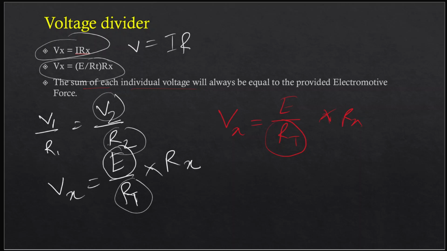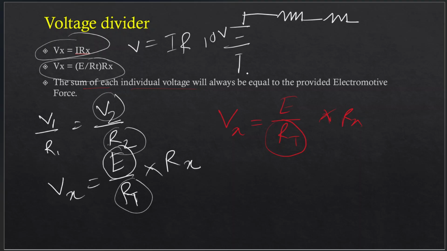If we have a circuit where the total voltage is, let's say, 10 volts, and we have two series resistors, okay, then the voltage of each resistor will be 5 volt and 5 volt. So the sum of all the individual voltages in a series circuit will be equal to the total voltage.